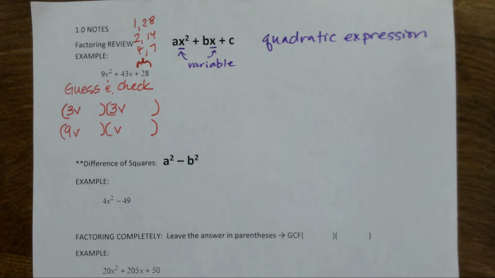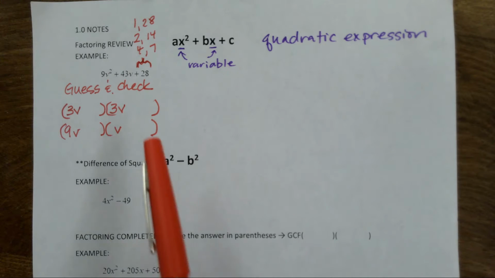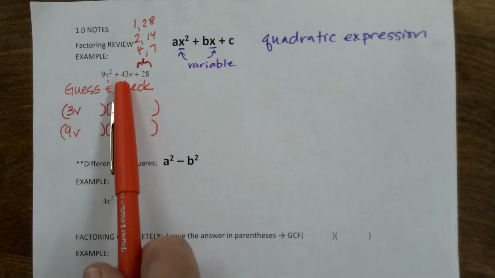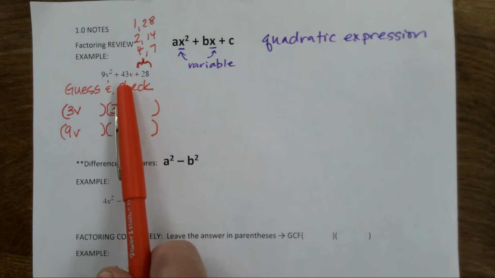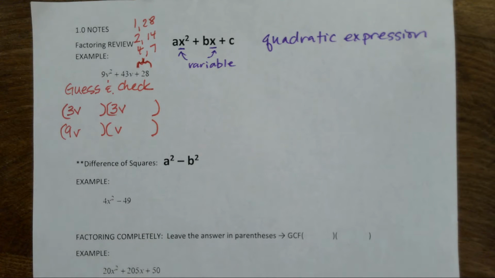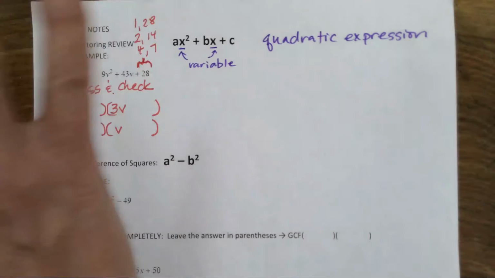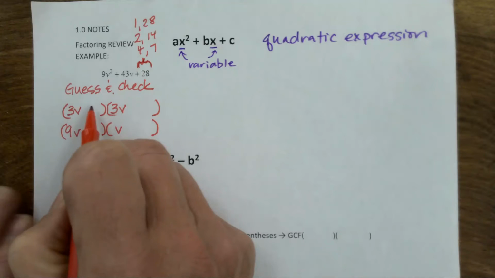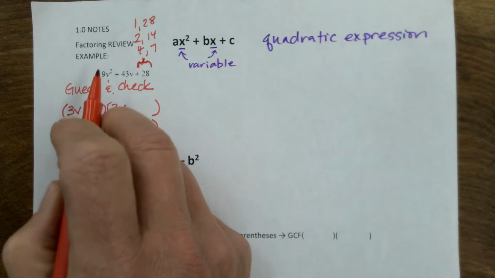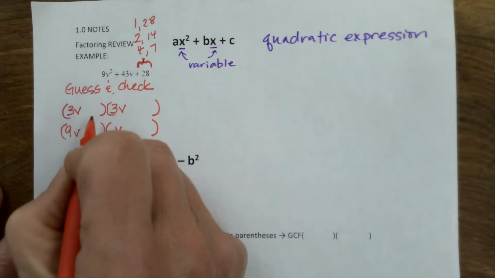Good? And so what I'm going to do is start moving things around and seeing what I can do to get a combination of outer, inner. Meaning, if I randomly put a number, let's say, this isn't necessarily the answer, I just want to go through it. Let's say I just tried 2 and 14.